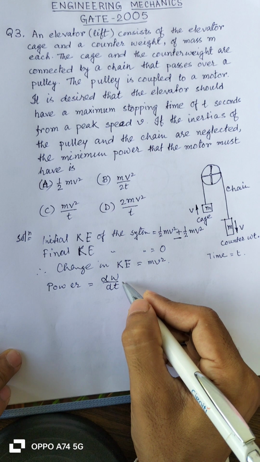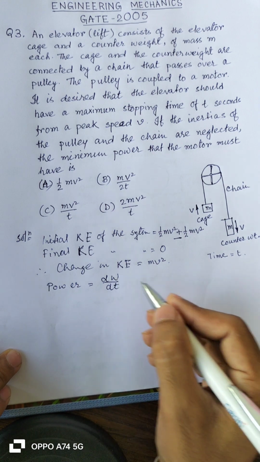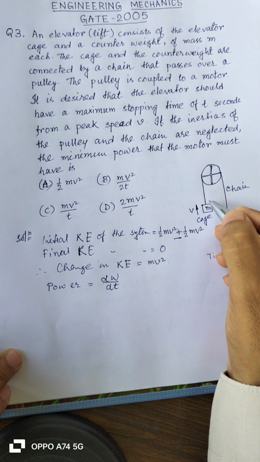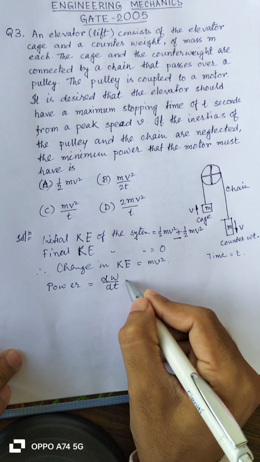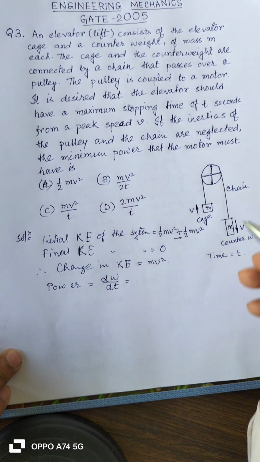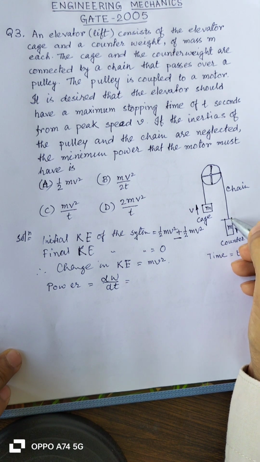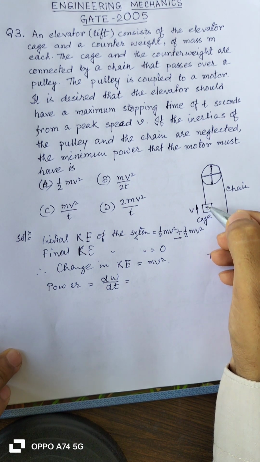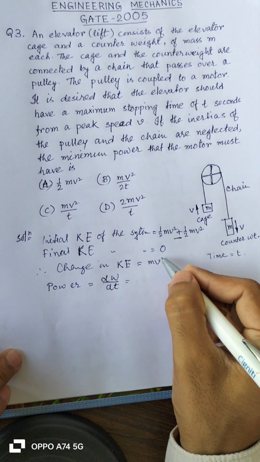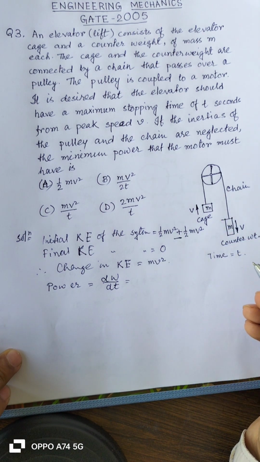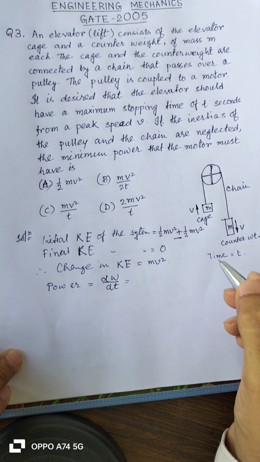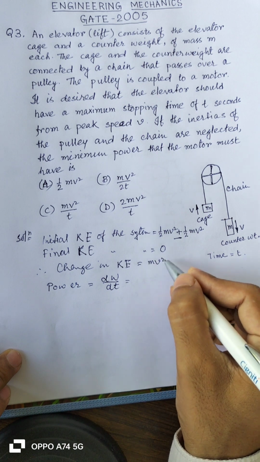And again we know the work required to stop this system is equal to the change in kinetic energy, right? Initially it has this much kinetic energy, and finally it is going to come to rest. So the change in kinetic energy is mv square.